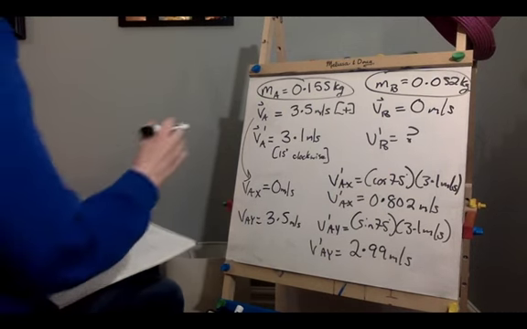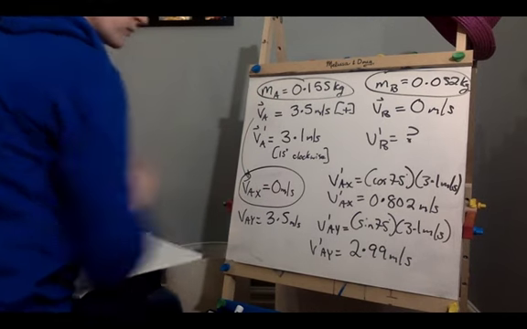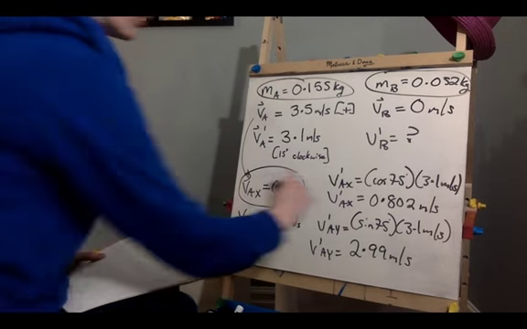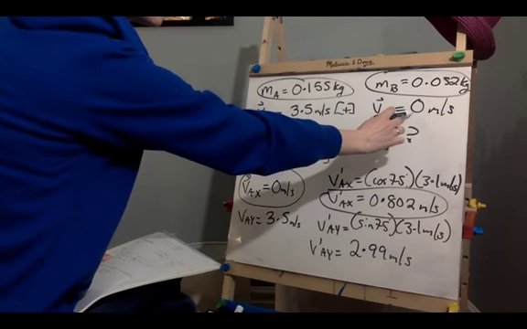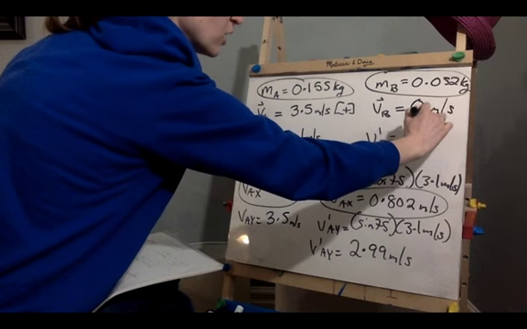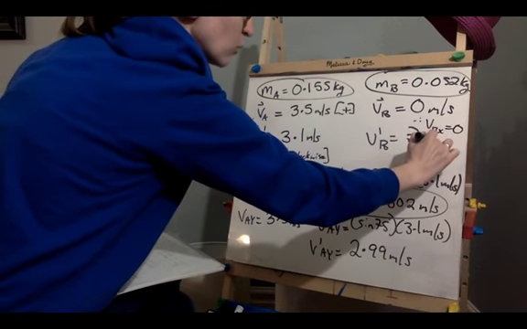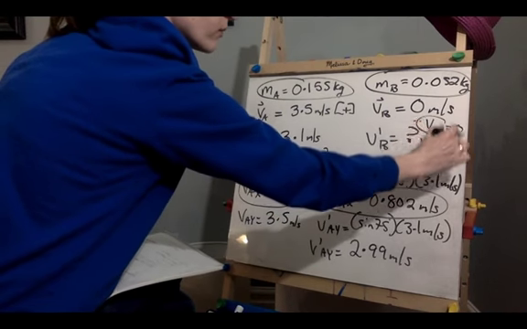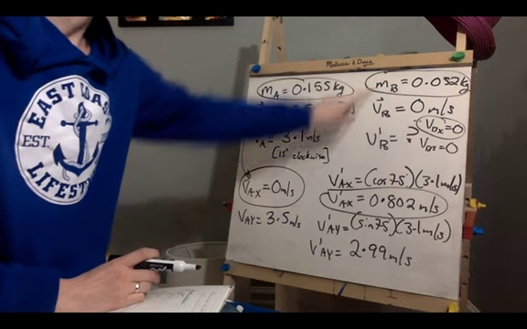Anything with x is what we're using. And again, since this is stationary, VBX is 0 and VBY is 0.